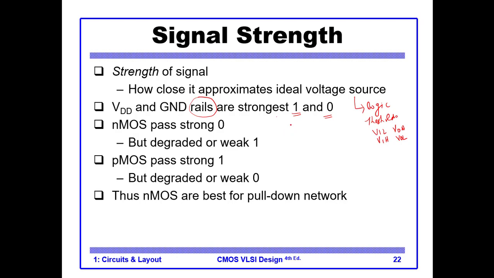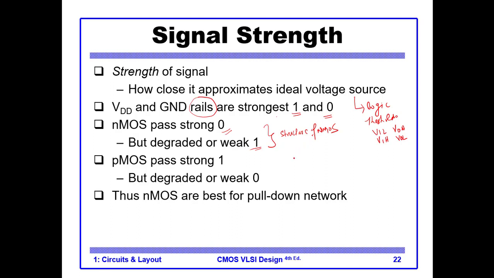So NMOS passes strong 0. This is important to note. NMOS can pass a strong 0, but a weak 1. What is the reason for this? We will discuss this when we go into the structure of NMOS in the later lectures.